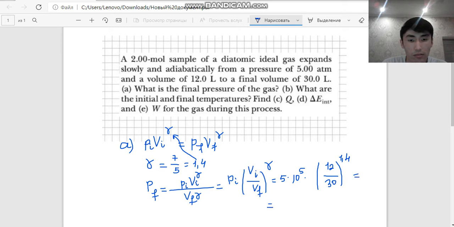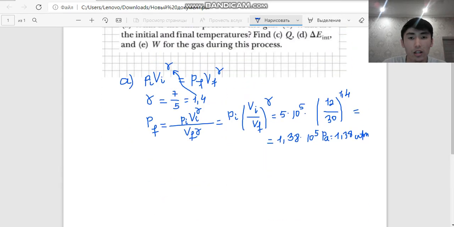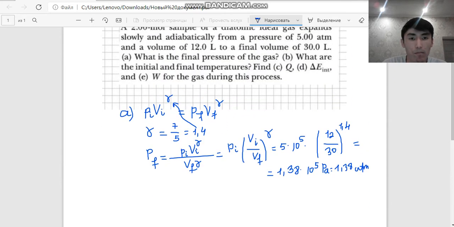Let's write the result of the calculation: 1.38 times 10 to the power of 5 Pascal, or equal to 1.38 atmospheres. So here is the answer for the first question.